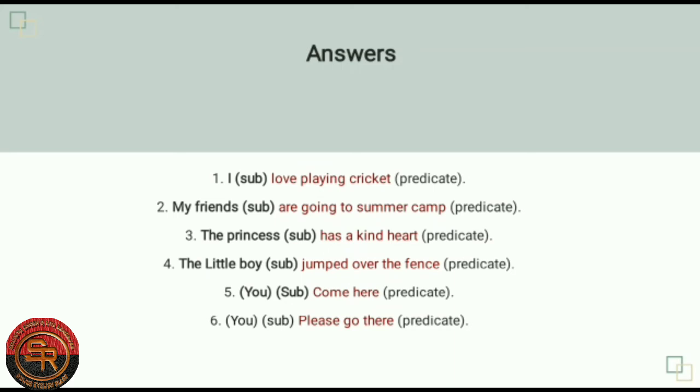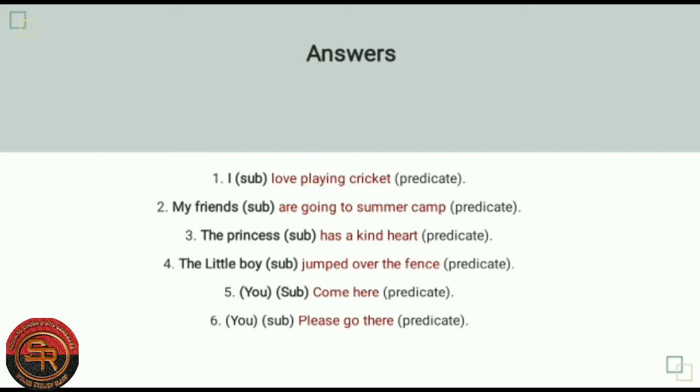Next one, my friends are going to summer camp. My friends is the subject, are going to summer camp is the predicate. In a similar way, if I ask you which one is the object here, are we getting any answer of what? No, we are getting the answer of where. So there is no object.